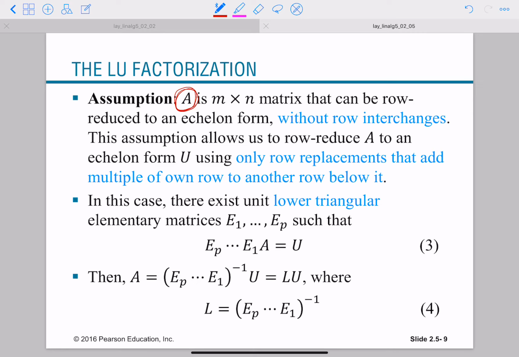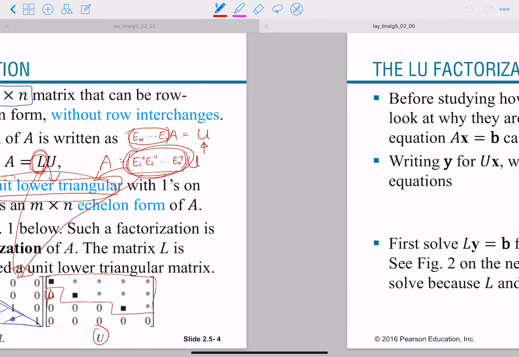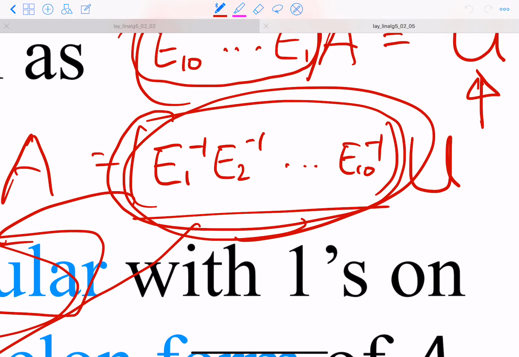When making the input matrix into echelon form using only row replacement, we can obtain the LU factorization, which means the whole product of the inverse matrices of the row replacement elementary matrices. That will satisfy the unit lower triangular matrix.